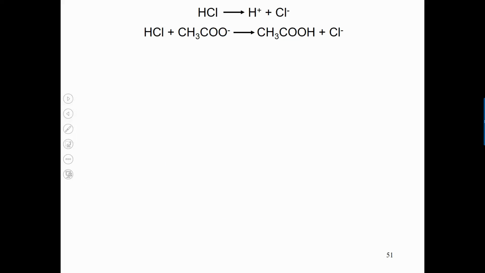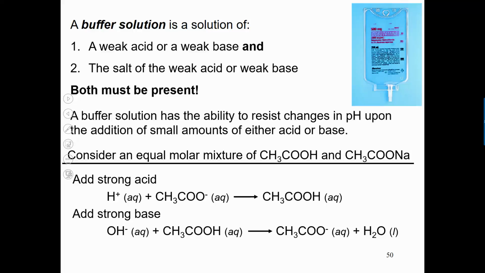Okay, let's go back to that one. So if I add an acid, it reacts with the base. If I add base, like sodium hydroxide, it would react with the acid of the buffer, and it would reduce the concentration of the acid.